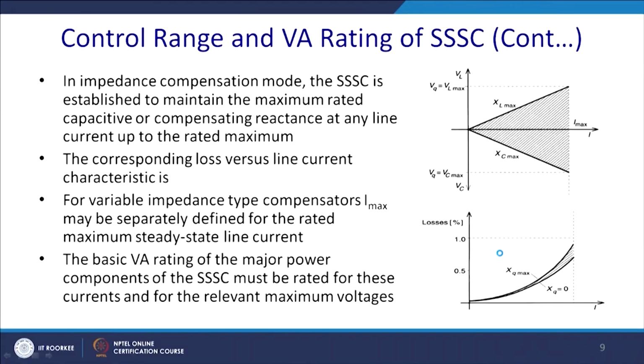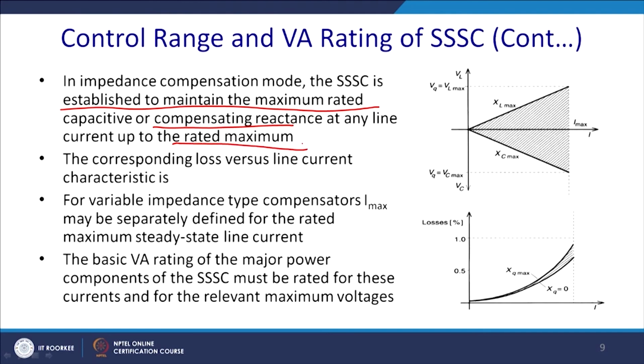The control range and the VA rating of the switches of the SSC. In the impedance compensation mode, the SSC is established to maintain the maximum rated capacitive or compensating reactance at any line current up to its rated maximum voltage.